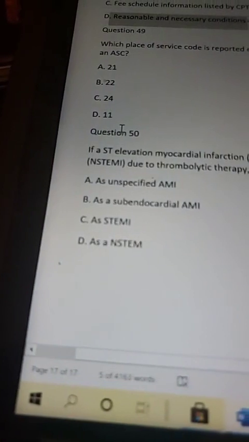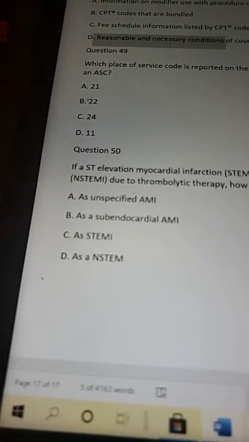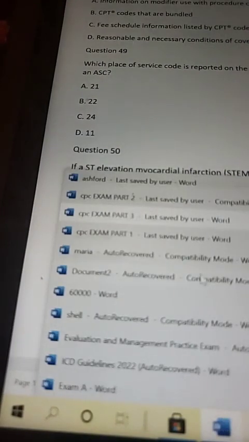And our STEMI question. Ooh, I did do, there's my guidelines. Hold on just a sec. Get this going where I can actually use it. To be able to find it.